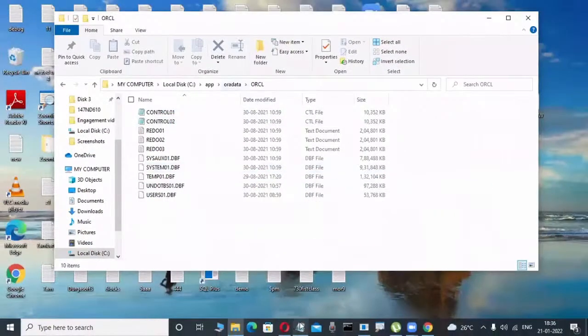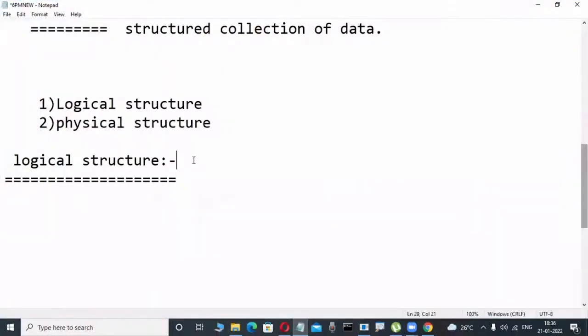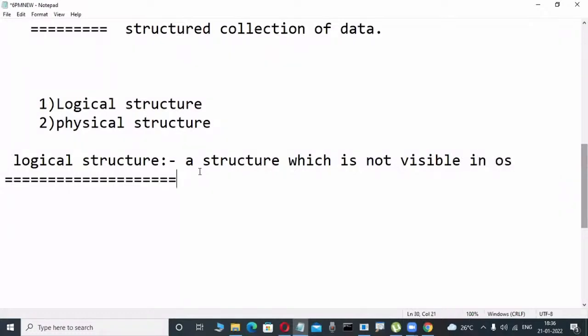So what is a logical structure? A database structure which is not visible in the operating system is called the logical structure of the database.